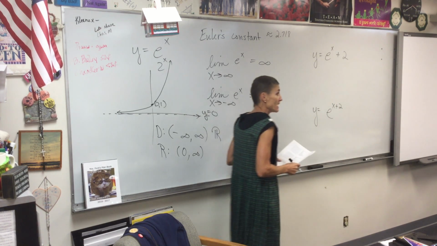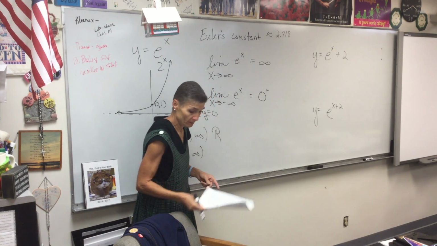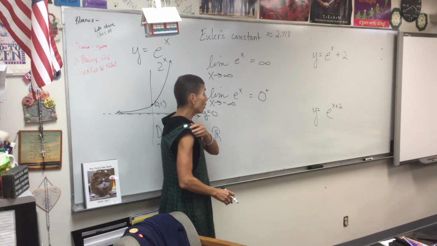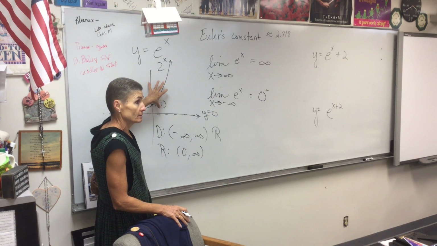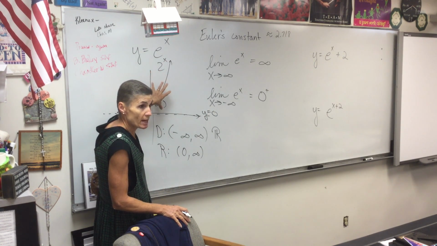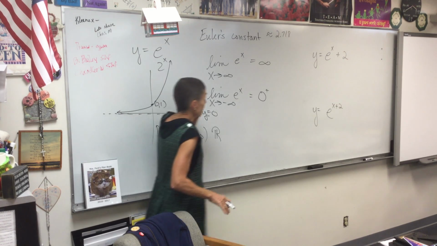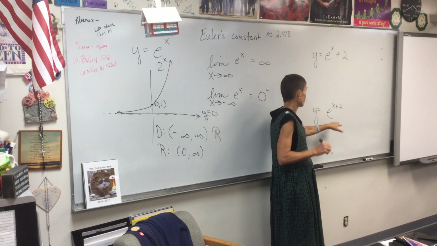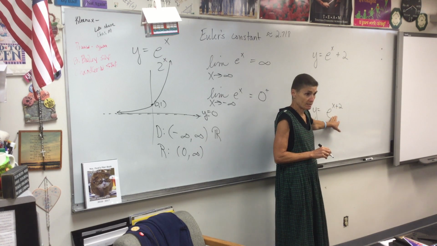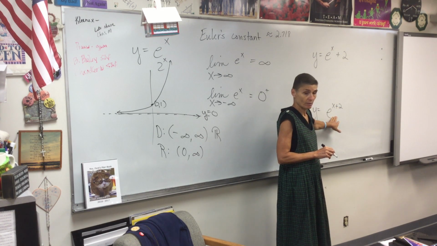Now they are very different problems. They both have the same parent graph. They both have the same shape. But this +2 impacts the picture differently than this +2 does.